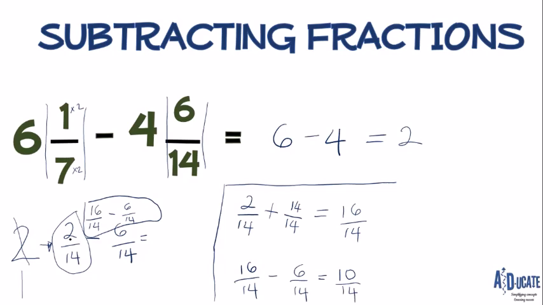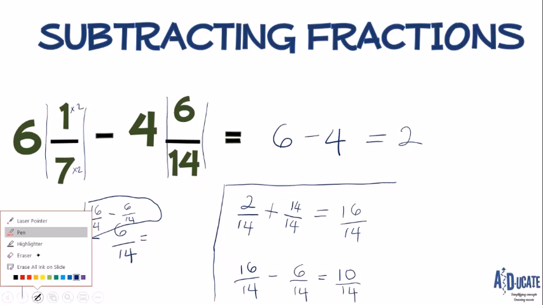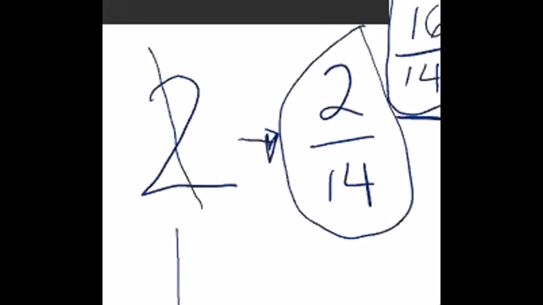We have to keep track. First, we had 6 wholes minus 4, which gave us 2. So we have 2 wholes, but in the end, we had to take from one of those wholes to make up this 2 over 14 because it wasn't enough to take 6 out of it.